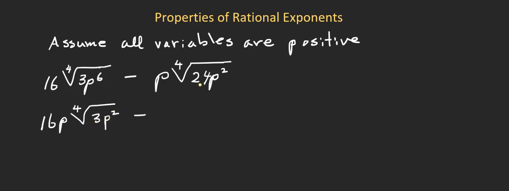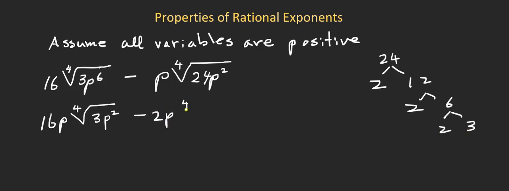What about over here? p squared cannot come out, but 24, you could break it down. So you have 3 2's, 2 comes out, and 3 has to stay inside, and p squared has to stay inside.